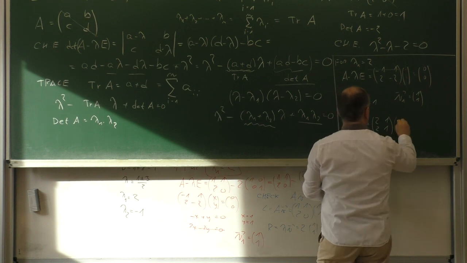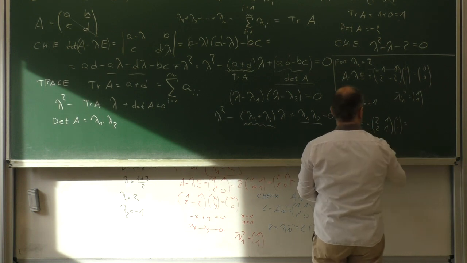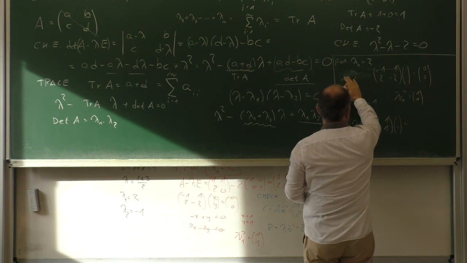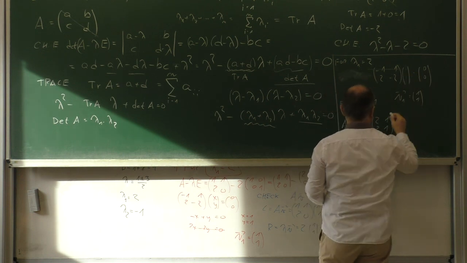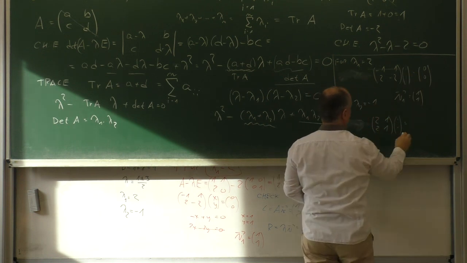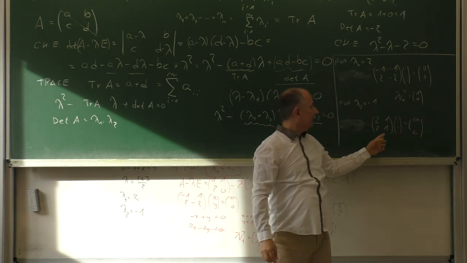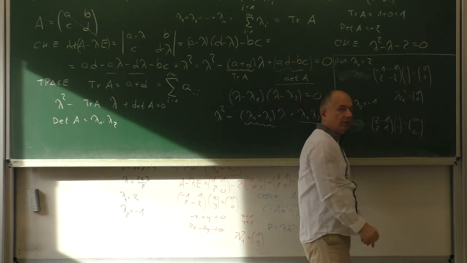And once again, we want to find a vector which gives 0 when we multiply by the vector. We want to find a vector that is perpendicular to the vector (1, 2).